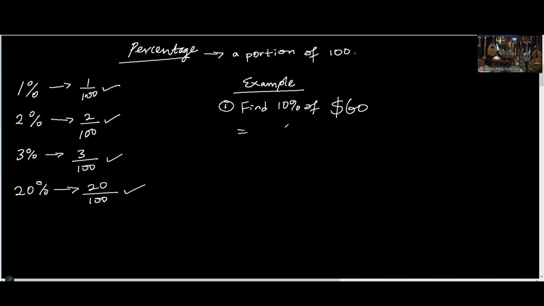I'm going to say in math, when you see "of" it means times. Of means what? Times. So when I say 10%, 10% means 10 over what? 100. Then "of" means what? Times. Then $60.